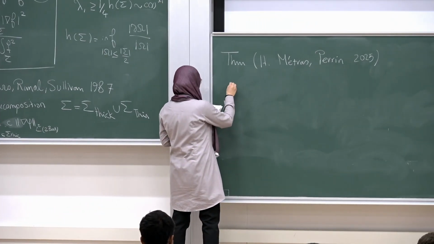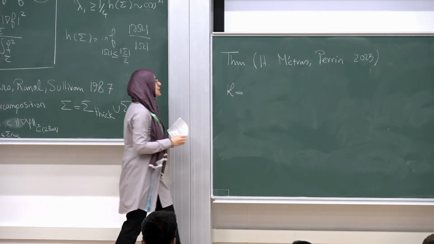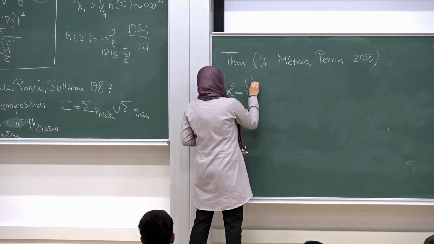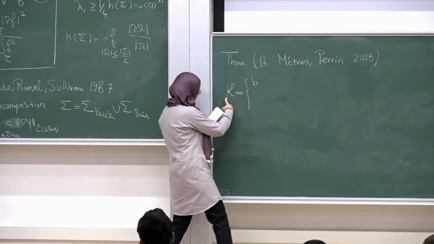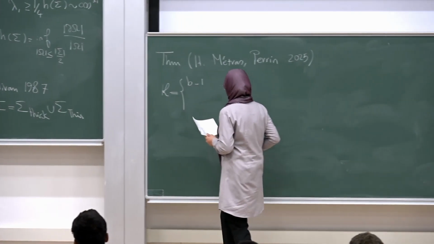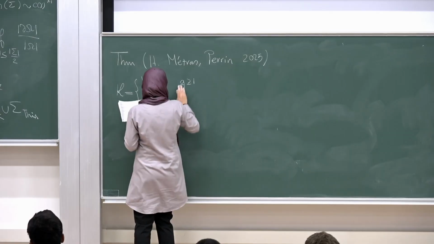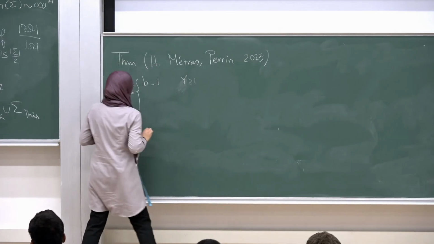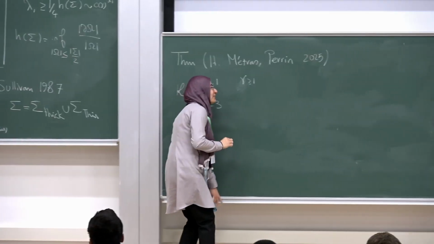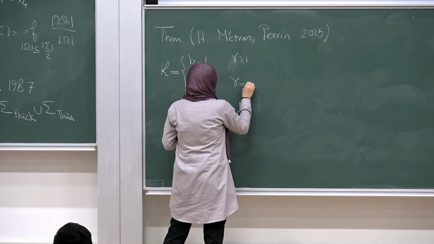Instead of the genus gamma, here the number of boundary components becomes important. I define kappa to be b minus 1 if we have at least one genus. Here G is for genus, gamma, but I'm using G for the metric.